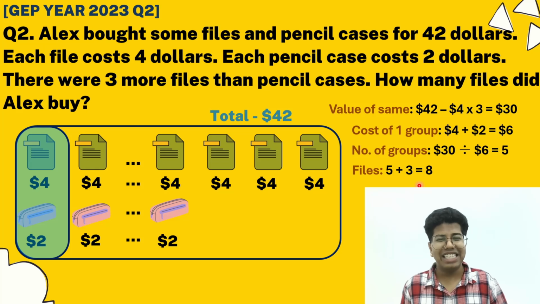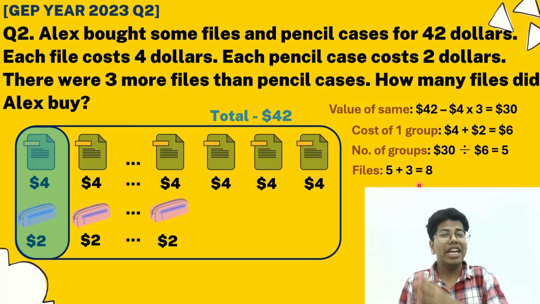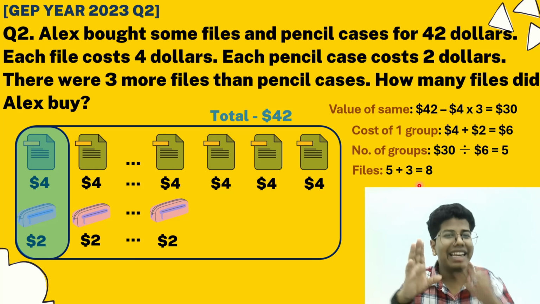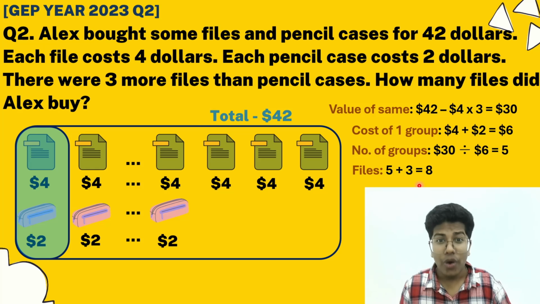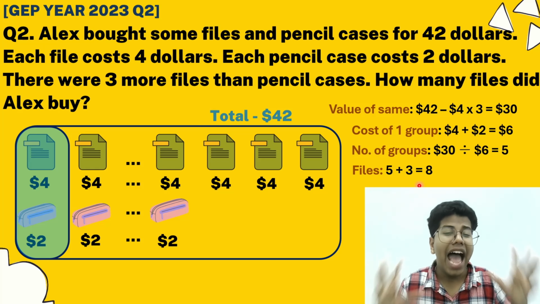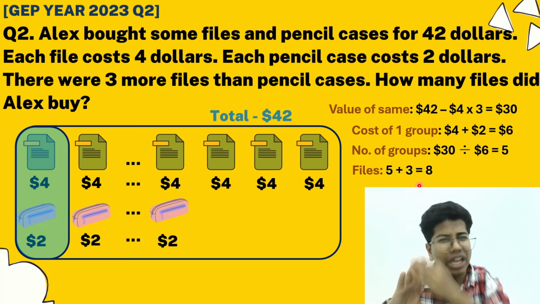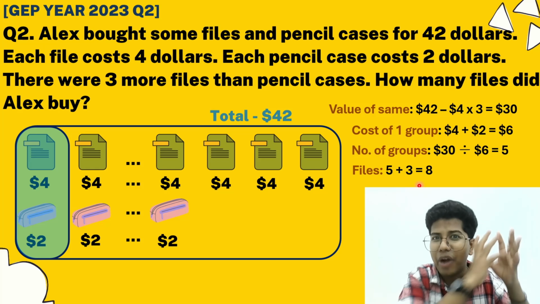So what we can understand from this question is that the question gave some individual values. There were 2 different items present, the files and the pencil case. So if you know the total and you know the individual value, what we can do is club them together, group them together into one, and find out the number of groups.